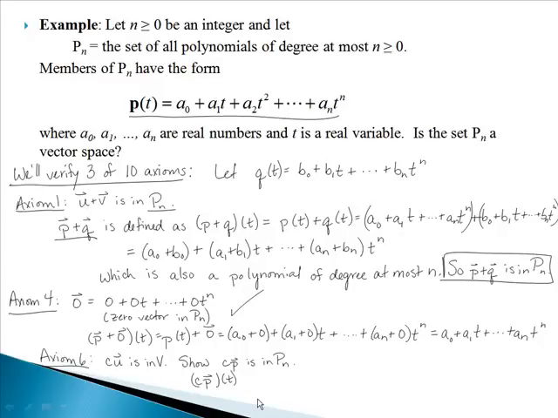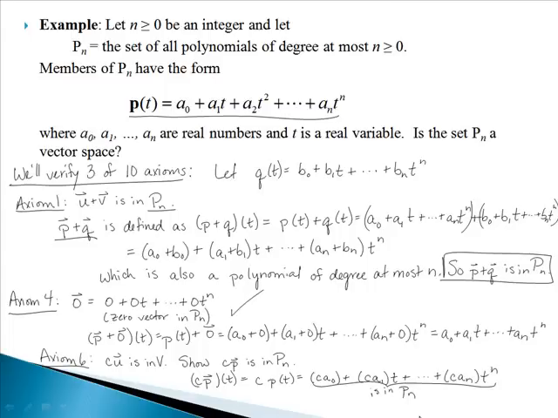C times P of T is simply equal to C times P of T, which is equal to C times A sub 0 plus C times A sub 1 T plus all the way up to C times A sub n T to the n. And since our A's were real numbers and we're multiplying by a real scalar, we still have real numbers. So then this is in P sub n as well.